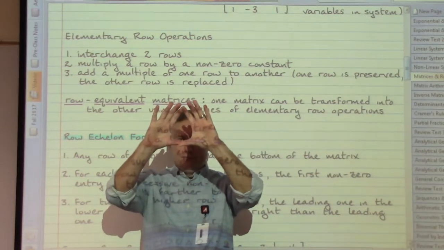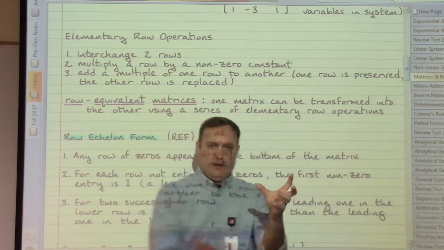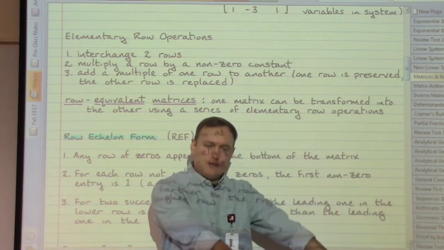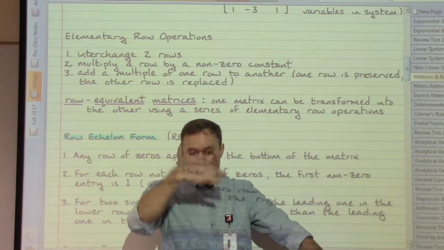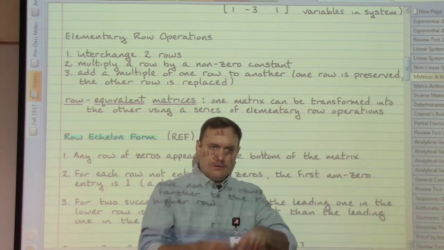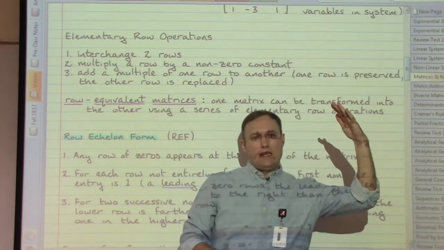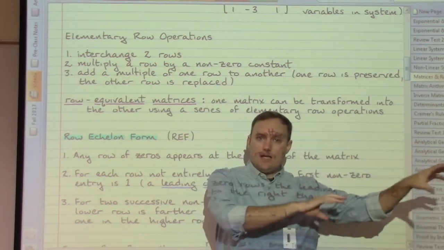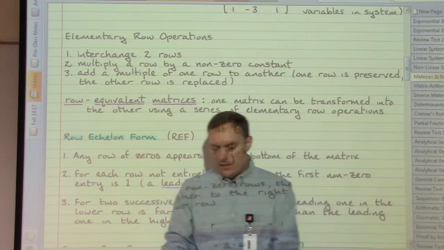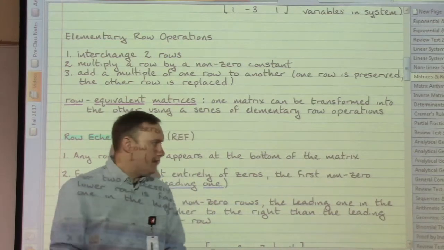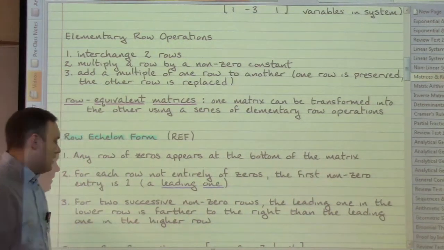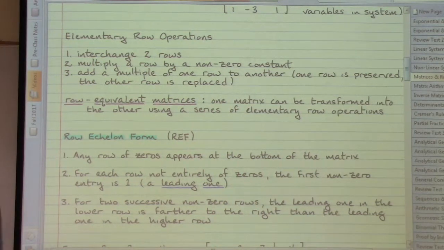Leading 1, leading 1, leading 1. They create a bit of this slant, which means that underneath these leading ones, we're seeing zeros. Only above the leading ones are we seeing other entries. All of those rows are starting with 1s except for anything at the bottom, which is all fluff. It's all rows of zeros if that is something that shows up. So that's what these are saying to us.